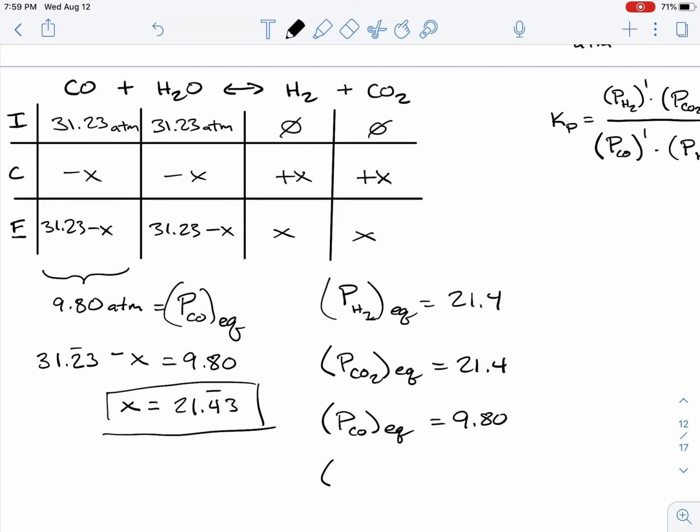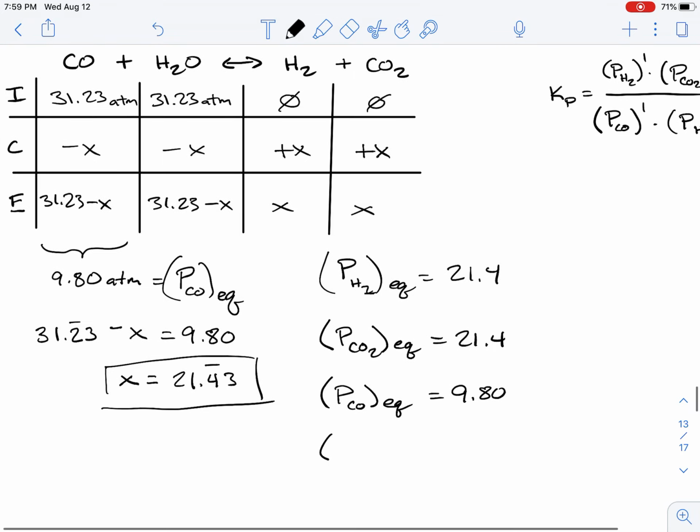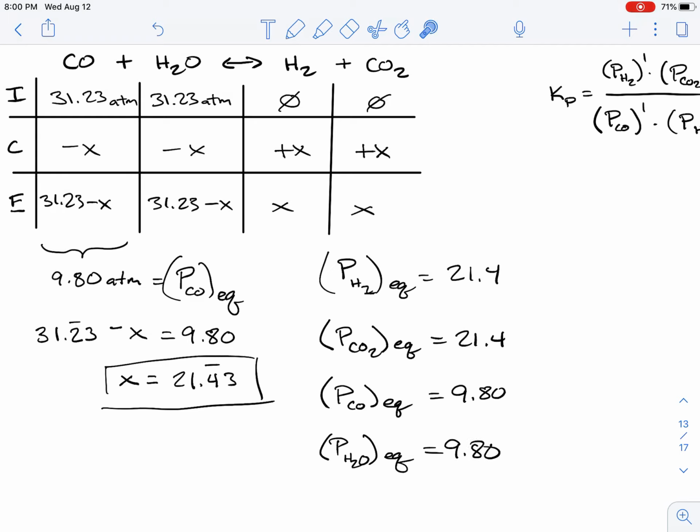And the partial pressure of H2O at equilibrium is also going to be 9.80 if you do the math. So notice that this is the same as this. So therefore, if you plug in this value, you'll get this as your answer. And so all of these units are in atmosphere.